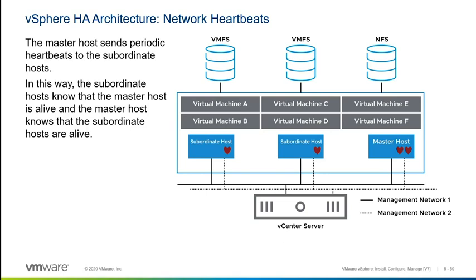So it's this master host that's sending the heartbeat over the management network, or in the case of vSAN, over the vSAN network. It's important that we have redundancy in this so that if there is a failure on that management network, the master host will retry the heartbeat over the secondary port and listen to make sure that host is alive or not.